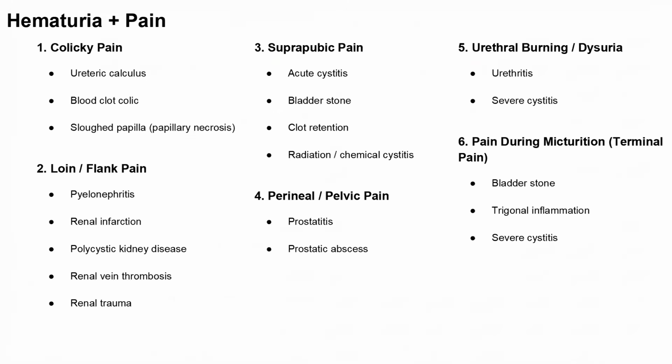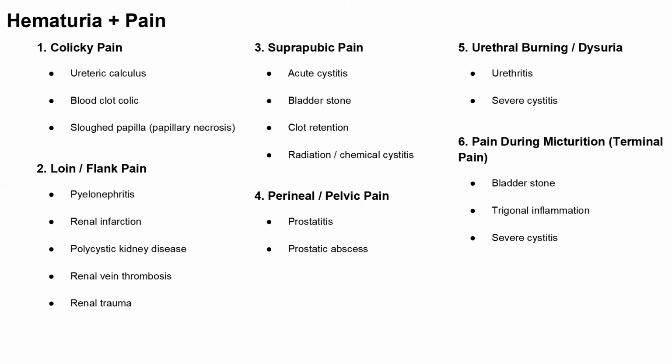Hematuria with pain. We can divide based on the type of pain. When it is colicky pain, it could be ureteric calculus, blood clot colic, slough papilla. Loin or flank pain may be a cause for hematuria with pyelonephritis, renal infarction, polycystic kidney sometimes, renal vein thrombosis, and trauma.